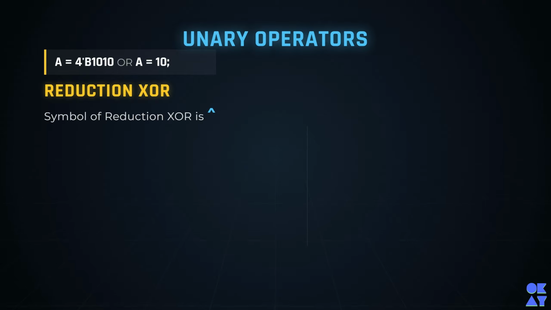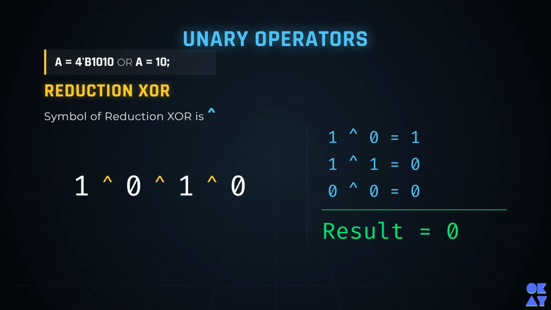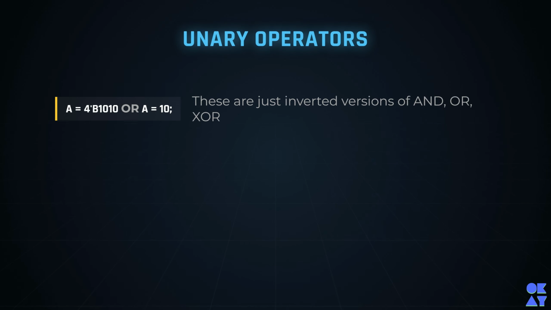Reduction XOR. Reduction XOR applies XOR to all bits. 1 XOR 0 XOR 1 XOR 0. Step by step, 1 XOR 0 is 1. 1 XOR 1 is 0. 0 XOR 0 is 0. Final result is 0.